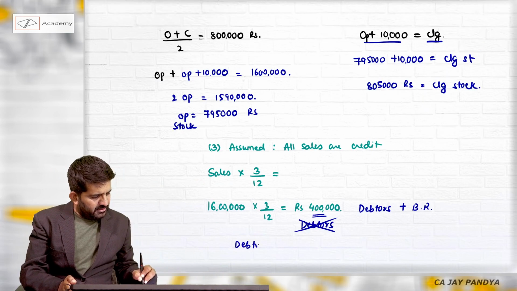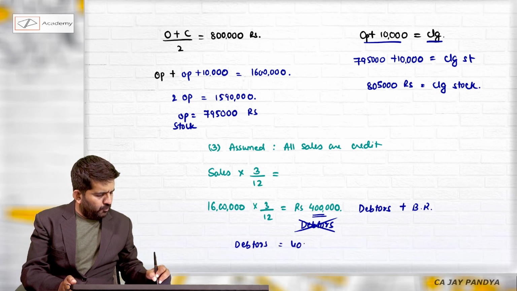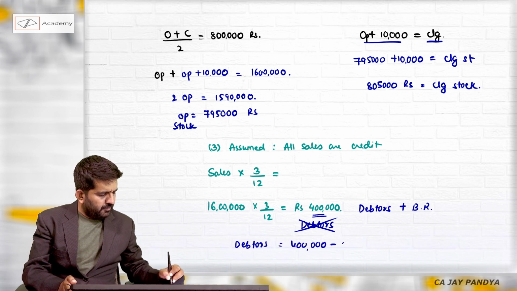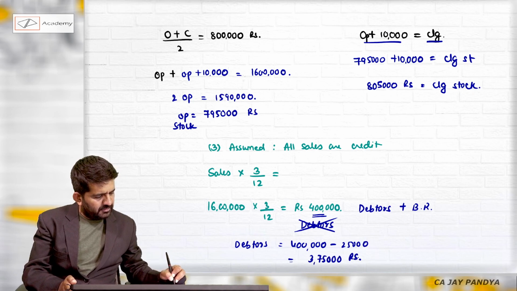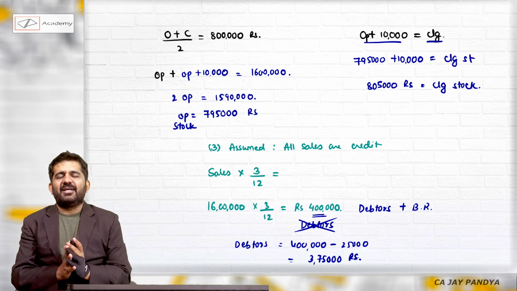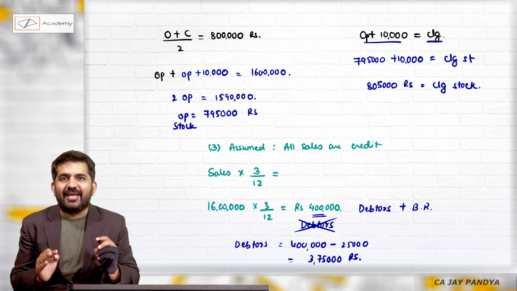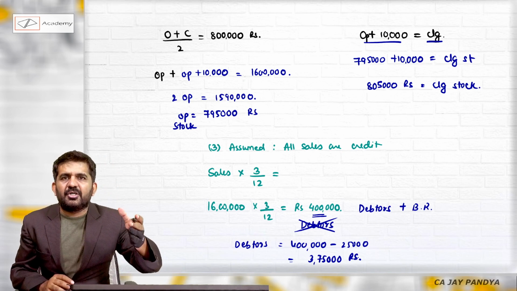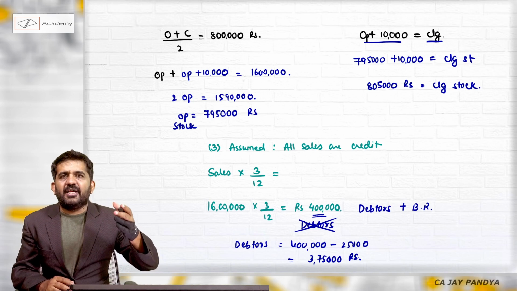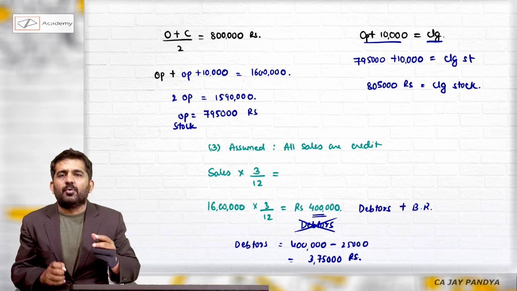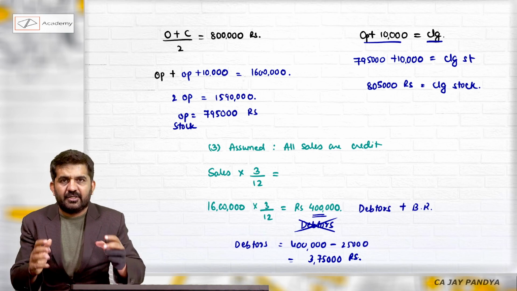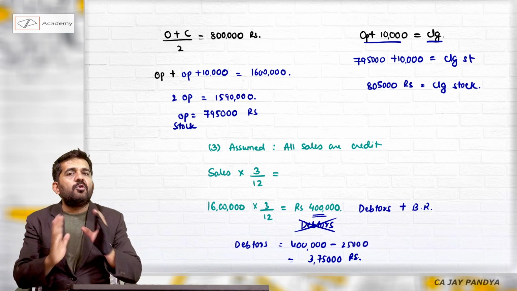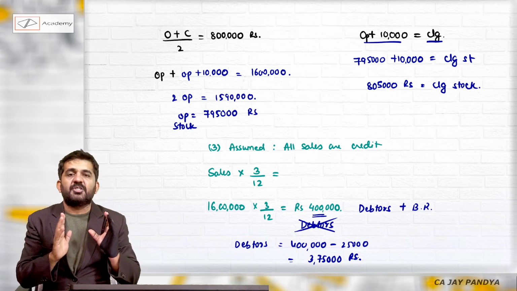So debtors will be 4 lakh minus 25,000, that is 3,75,000. Once again understand, from credit sales, either debtors will be created, and if your debtors sign a bill and give it to you, they will be regarded as bills receivable instead of debtors. So this 3 months period always includes both debtors plus bills receivable.